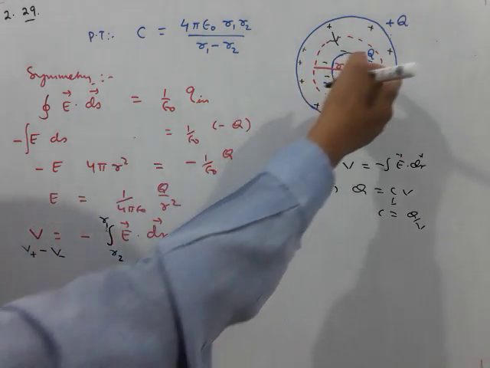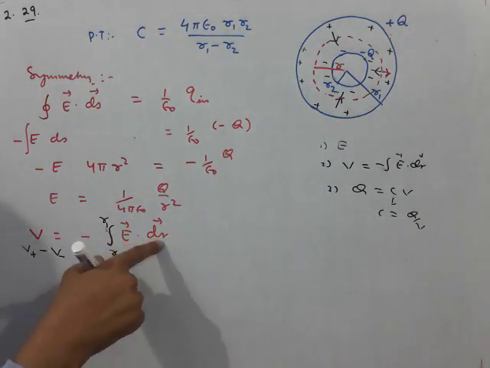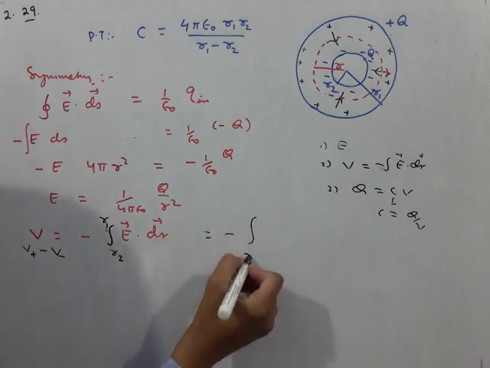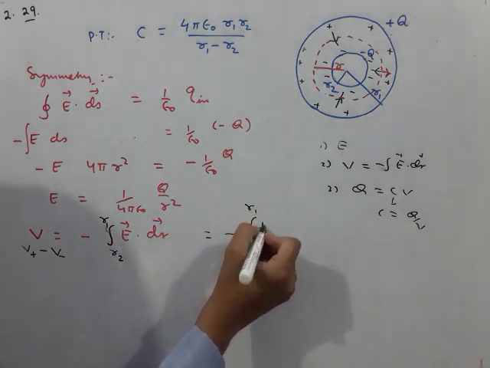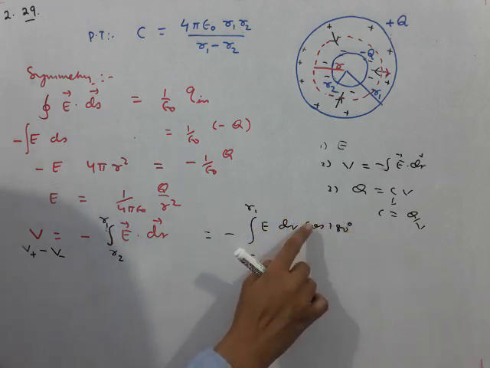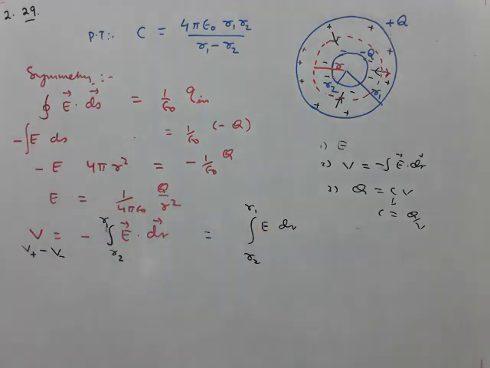Now E vector, I told you, is directed radially inward. dr vector is radially outward. The angle between them is 180 degrees. So this becomes minus integration R2 to R1 E times dr times cos 180 degrees. Cos 180 is minus 1. That minus, this minus becomes plus.